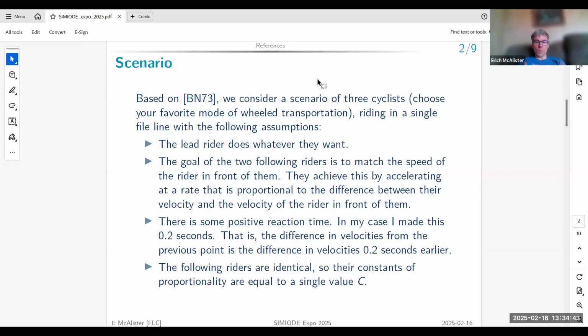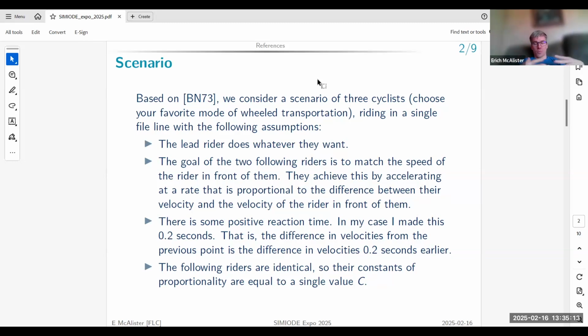So what's going on is when a rider in front of you accelerates, you react by accelerating at a rate proportional to the difference between their velocity and your velocity, but those velocities are 0.2 seconds earlier. And just as a part of the scenario, you say that the two following riders are identical.